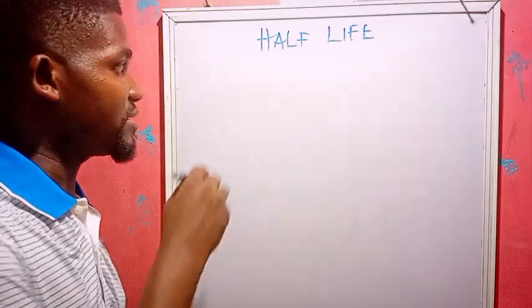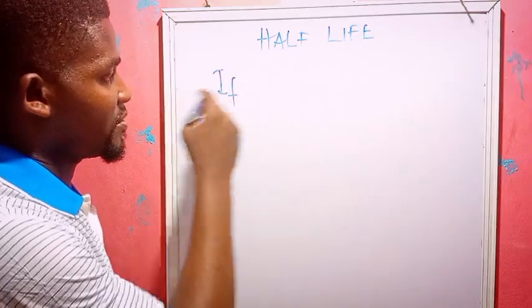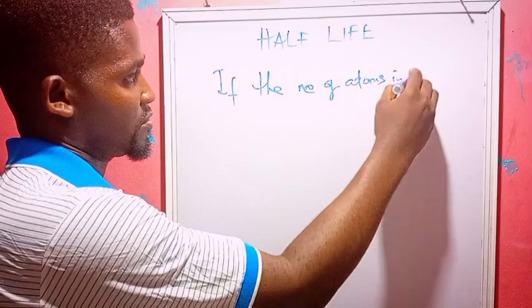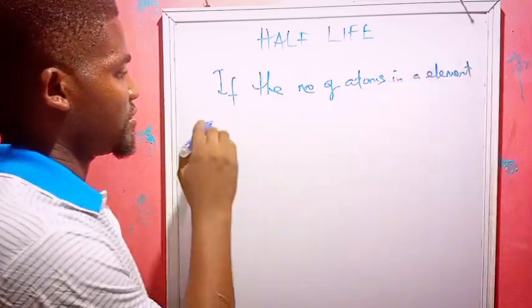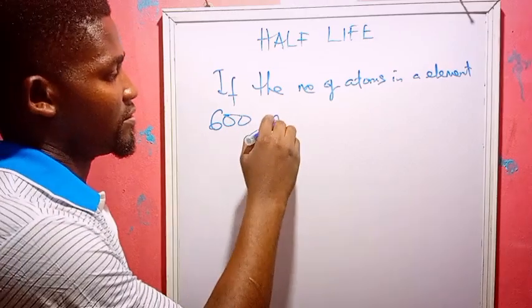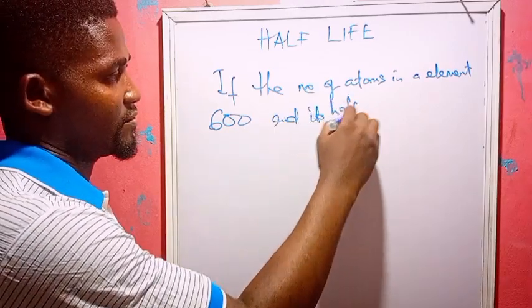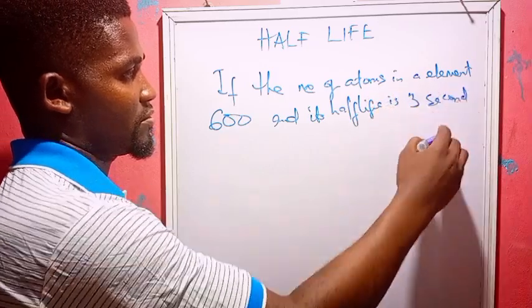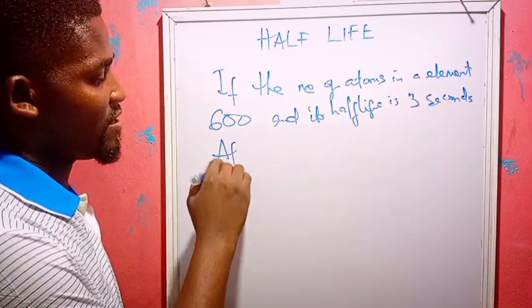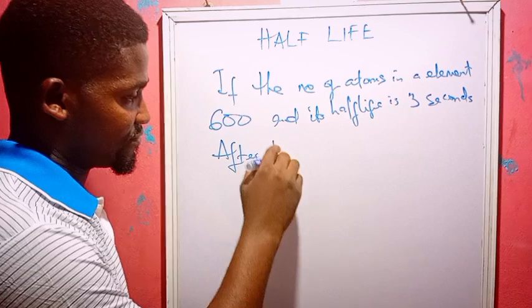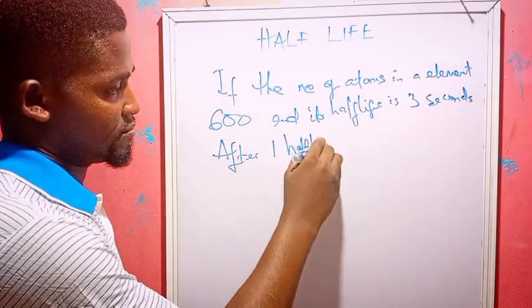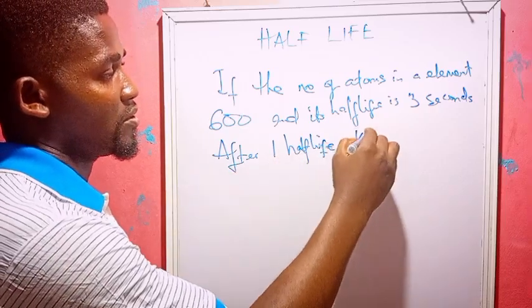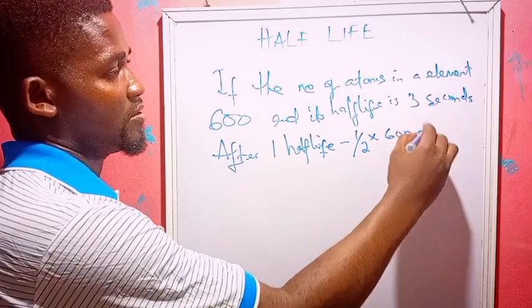So if the number of atoms in an element is 600, and its half-life is 3 seconds, it means that after one half-life, we'll have 1 over 2 times 600 atoms decayed.